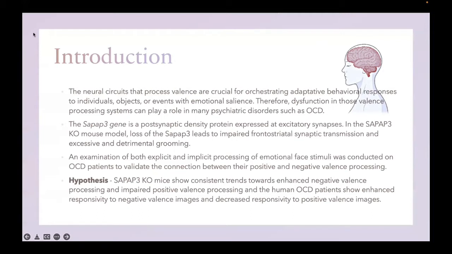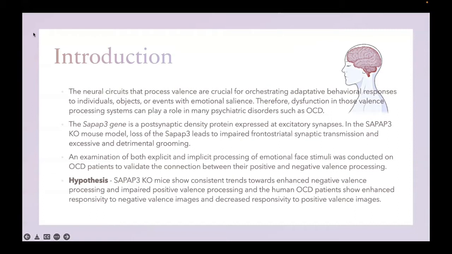The frontal striatal circuits help to mediate cognitive, motor, and behavioral functions in the brain. The loss of the SAPAP3 gene causes impaired frontal striatal synaptic transmission, which contributes to OCD-like symptoms in the mice, such as increased anxiety and compulsive grooming behavior, which would be a negative valence.